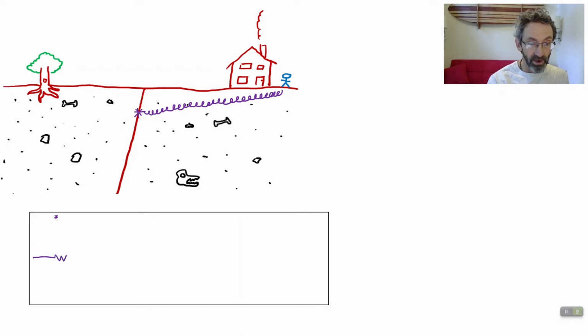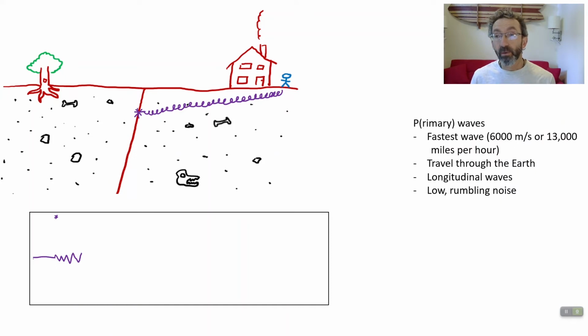And here's the seismograph recording the arrival of those P waves. Now, they're called P waves because they're the first waves to hit, so they're the primary waves. P just stands for primary, and they're the first ones to hit because they travel the fastest.